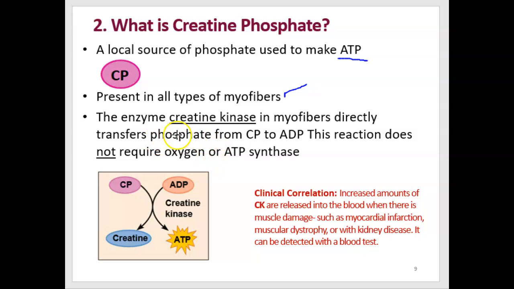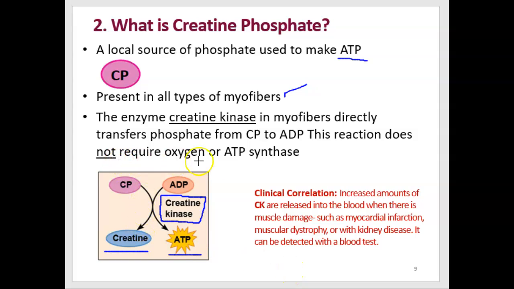It's converted into creatine when the phosphate's taken off. And there's an enzyme called creatine kinase that takes off the phosphate and transfers it to ADP to produce ATP.